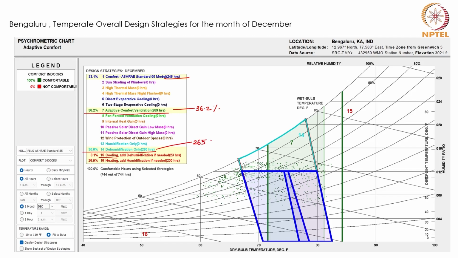Whereas cooling by adding dehumidification will push 23 hours into comfort mode, while heating and adding humidification will push 206 hours into comfort mode. Thus, we can achieve 100% comfortable hours for the month of December.